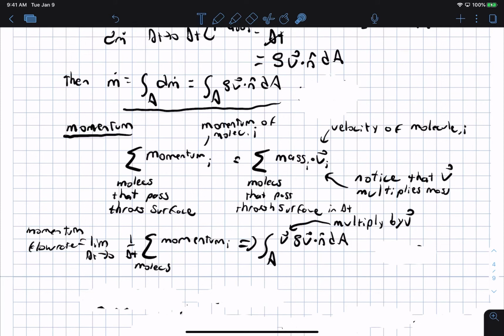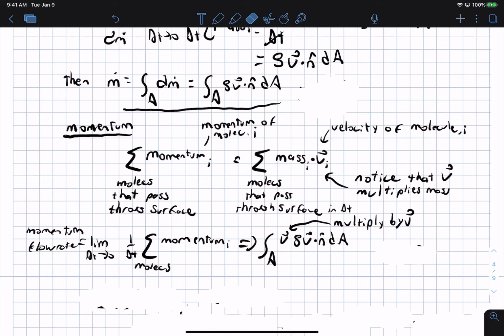And you would go through the exact same procedure; wherever you see m, you would multiply that by v. And that result, I'm not going to go through it, basically carries over all the way to the end. So the final answer is that the flow rate of momentum through a surface is given by the area integral of rho v v dot n hat dA. Okay?